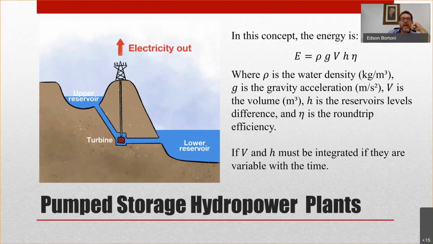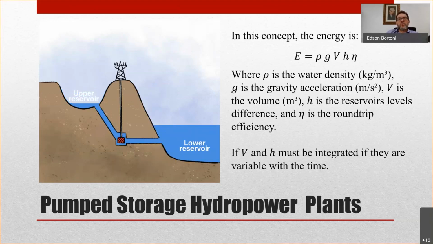You can act as a generator or as a motor here. So the energy stored is proportional to the density, the gravity, the volume of this reservoir, and the number of hours we need to fill this reservoir.